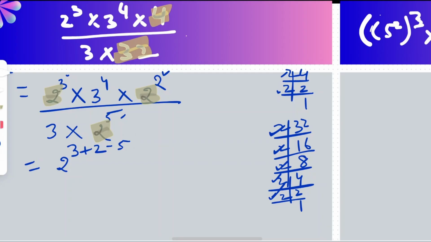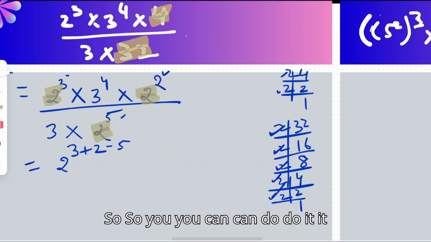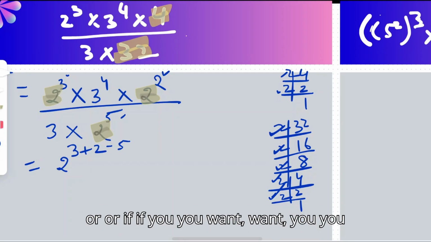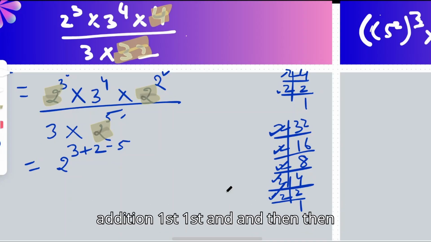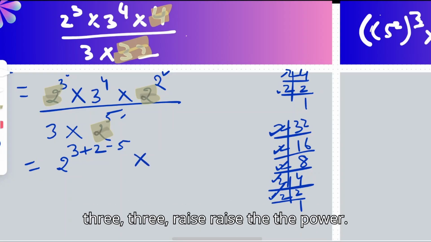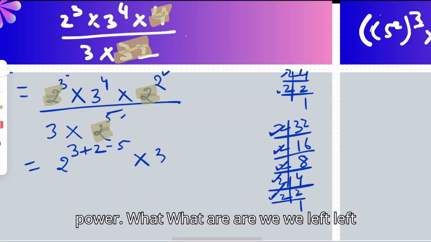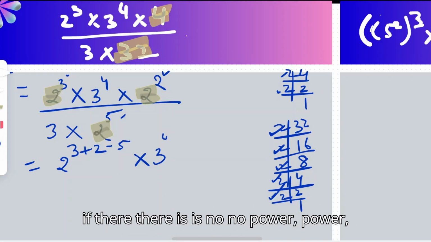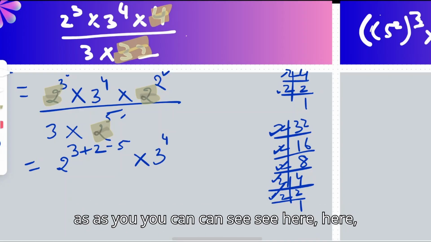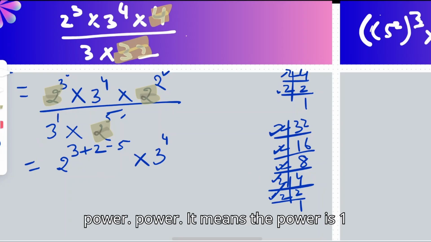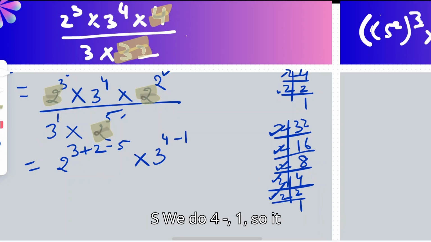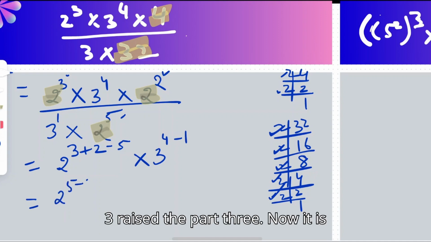Okay, so you can do it all together, or if you want to take it slow, then do the addition first and then division. Now next, multiplication. Now 3 raised to the power, what are we left here? 4. And then if there is no power, as you can see here, it means the power is 1. So we do 4 minus 1. So it is 3 plus 2, 5 minus 5. It is 3 raised to the power 3.